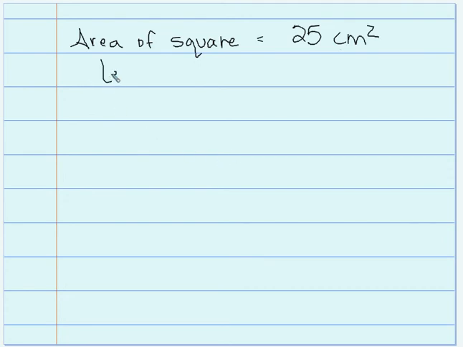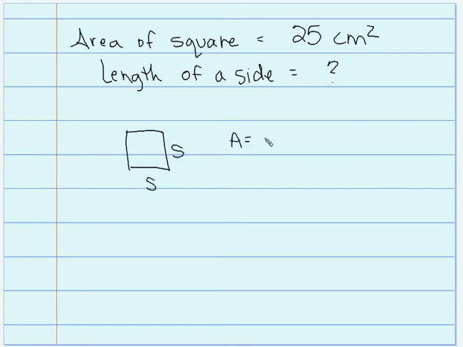If they want to know the length of a side, what would you do? Well, if they want to know the length of the side, remember that when you took the square, you took side length times side length, side squared, which would have been in this case 25 centimeters squared.